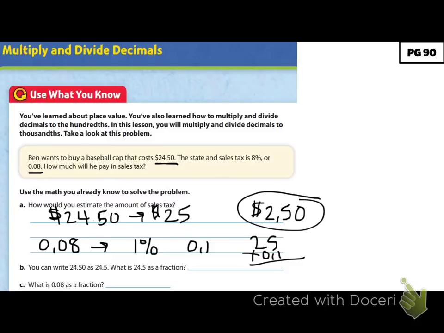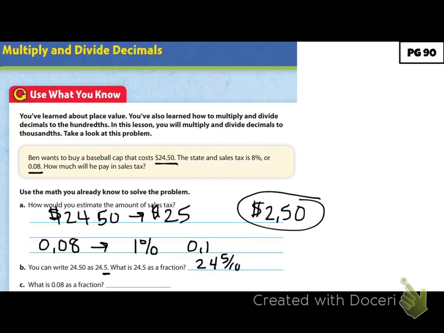B, you can write $24.50 as 24.5. What is 24.5 as a fraction? Well, our 24 is a whole number, so we would leave that. Oops, sorry. Let's undo that. 24. And then 5/10 right here, it's in the tenths place, it would be 5 over 10.